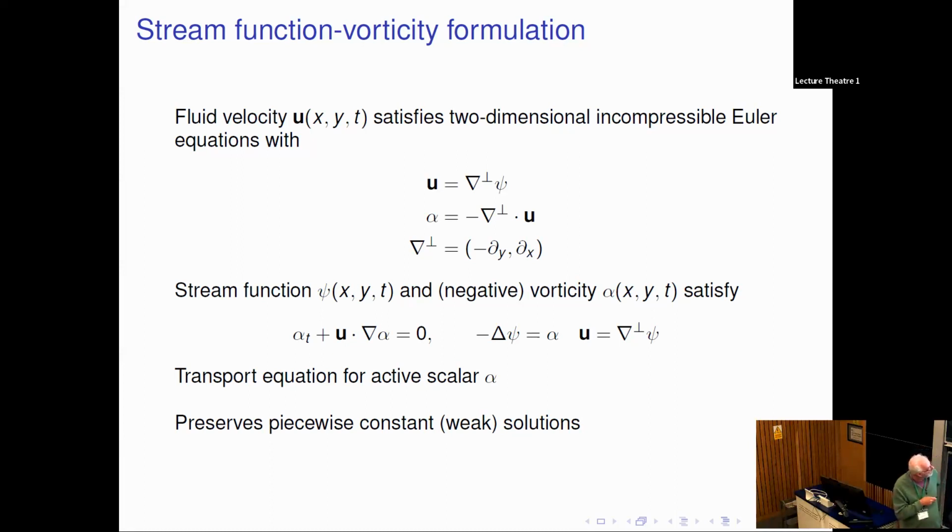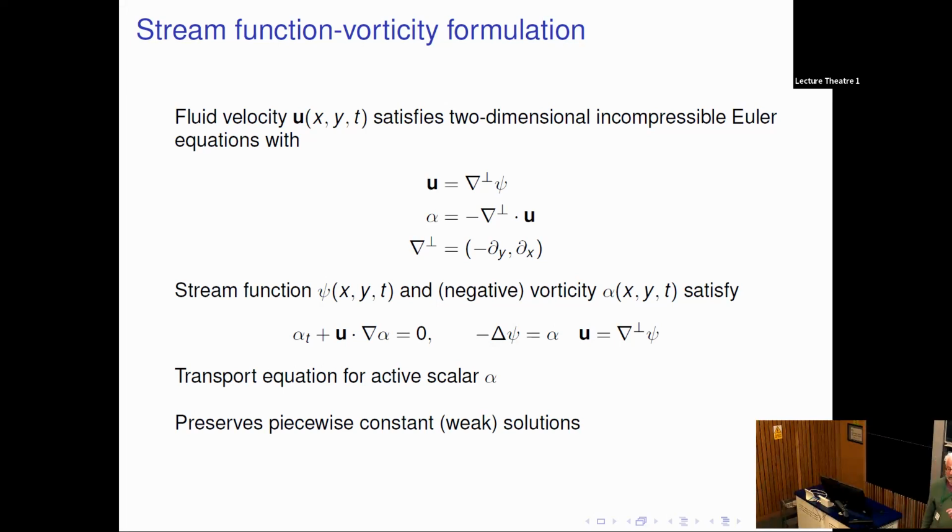Alpha satisfies an advection equation with velocity u, and then u is reconstructed non-locally from psi. This is the classic active scalar transport equation. You have a scalar alpha being transported with velocity u, and u is reconstructed from alpha by solving this Laplace equation.